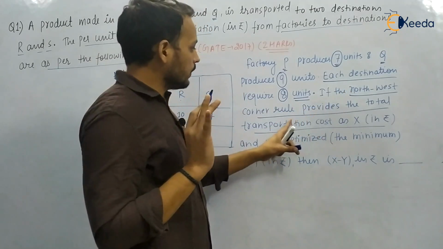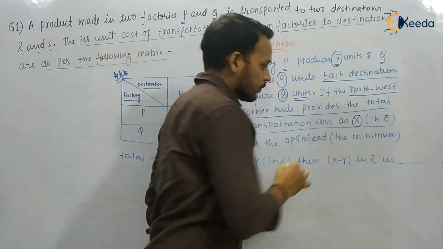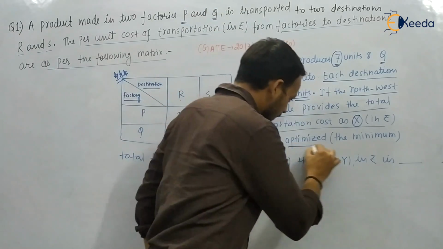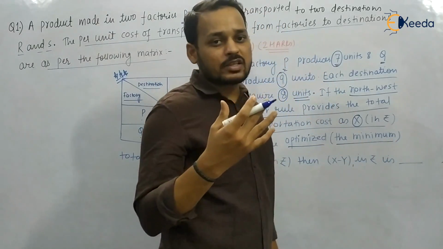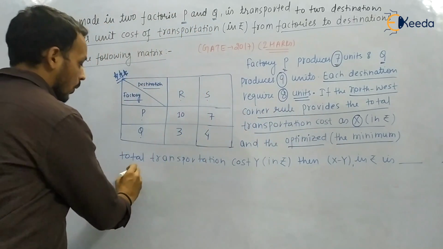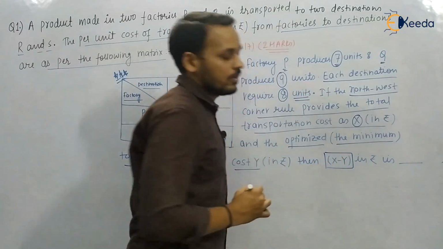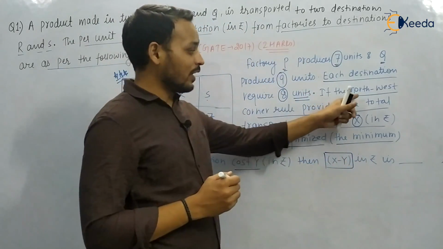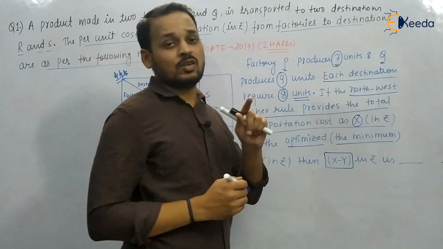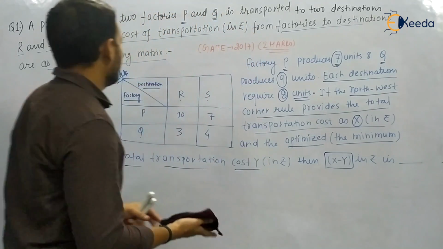If you apply the northwest corner rule, the total transportation cost is X, and the optimized, that is minimum, total transportation cost is Y. Then you have to find the value of X minus Y. So first apply the northwest corner rule, check whether it is feasible or not, then apply the optimality test using the MODI method or UV method. So we will apply those.